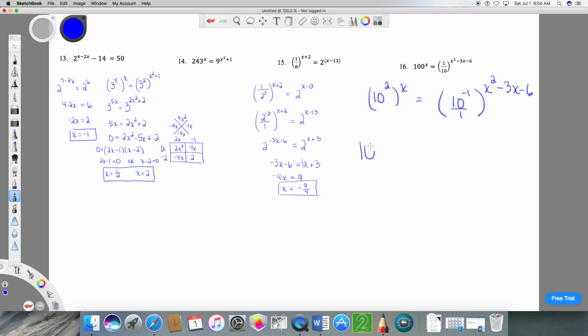So on the left-hand side, I have 10 raised to the 2x. On the right-hand side, I have 10 raised to the, if I have a power to a power, I multiply these exponents together. So I've got negative x squared plus 3x plus 6. So if the numbers are the same and the bases are the same, the exponents must be the same, because these exponential functions are one-to-one functions.